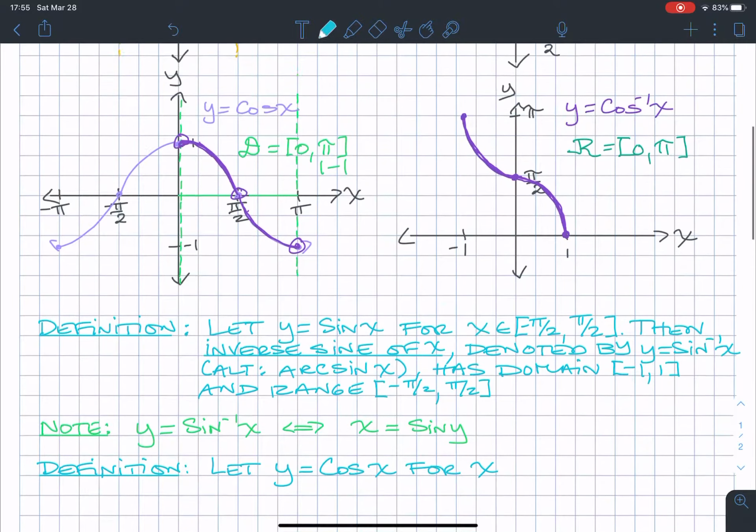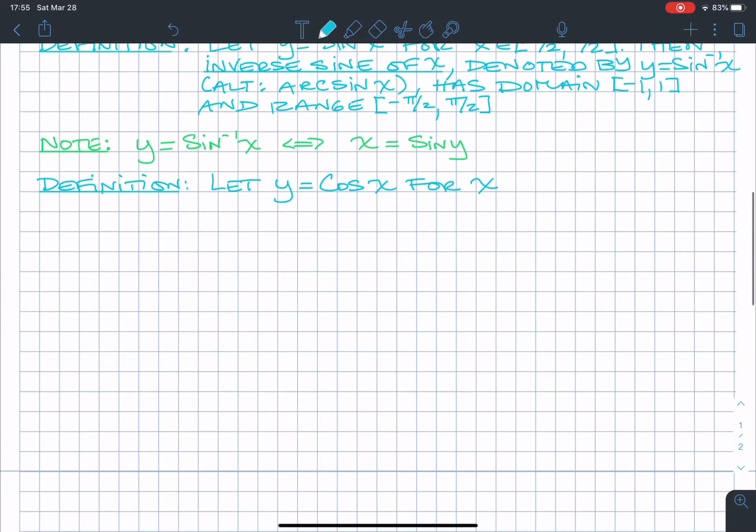Well, that was from 0 to pi. So for x between 0 and pi, then inverse cosine of x, that's what we're defining.